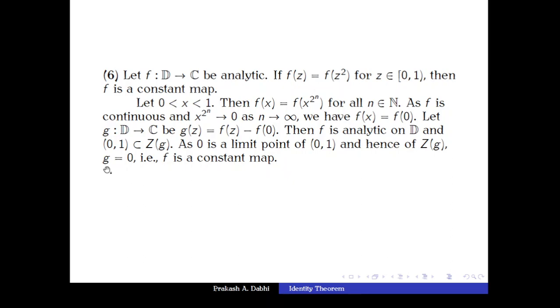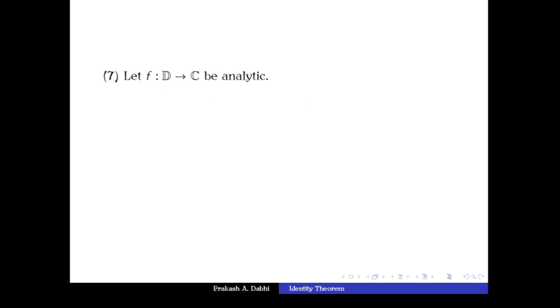That means we have shown that f of z is the same as f of 0 for every z in D. So f is a constant map.